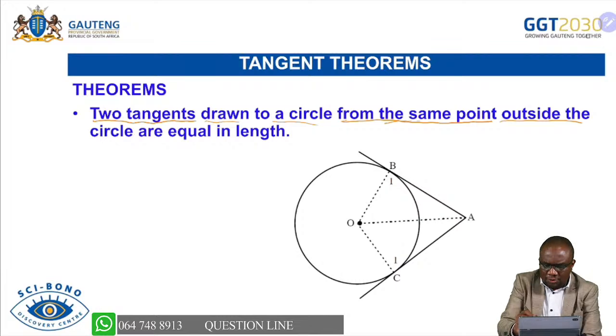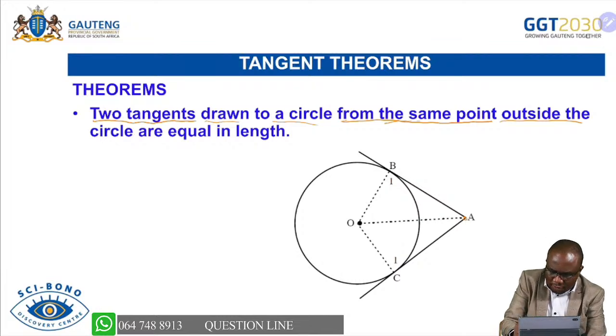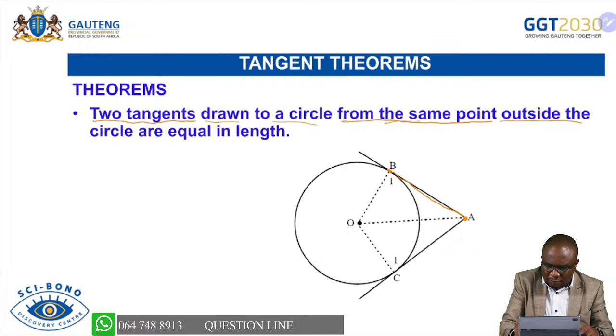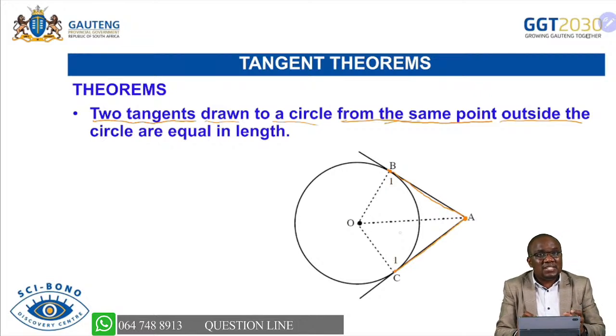Right now, we have two lines drawn from the same point A. This line is a tangent, and it touches the circle at point B. This other one touches the circle at point C. Please remember the distances we're talking about are AB and AC.